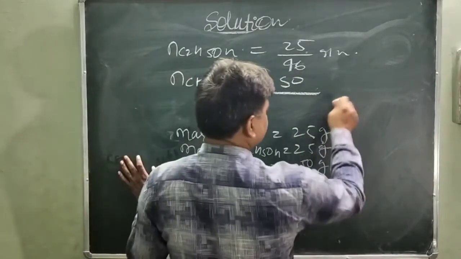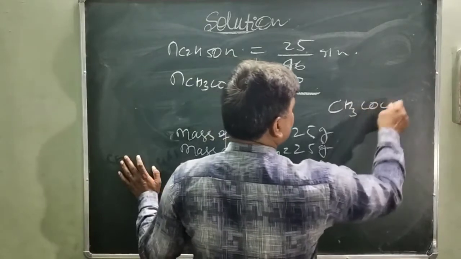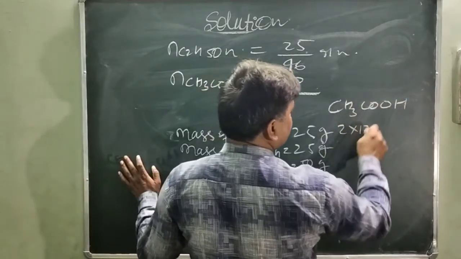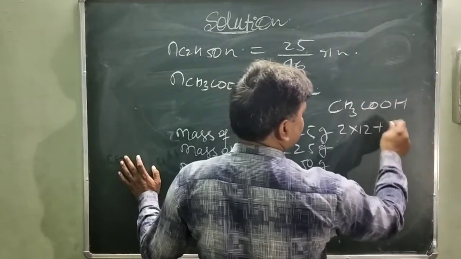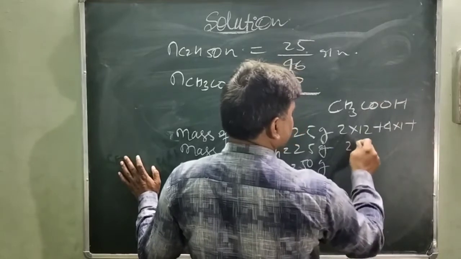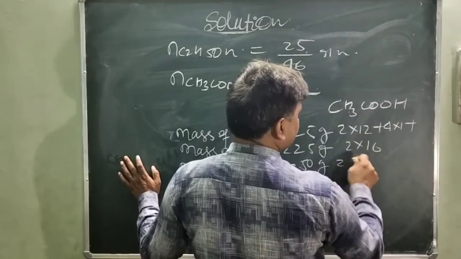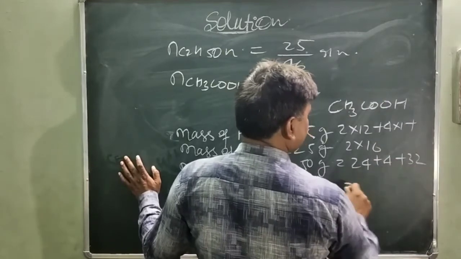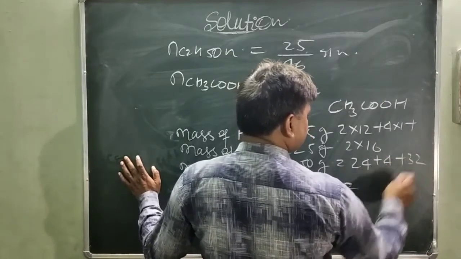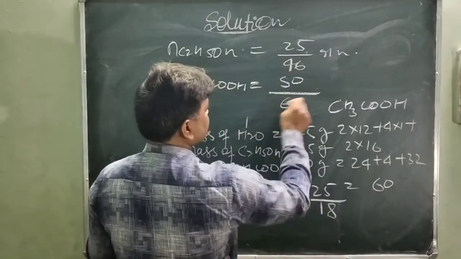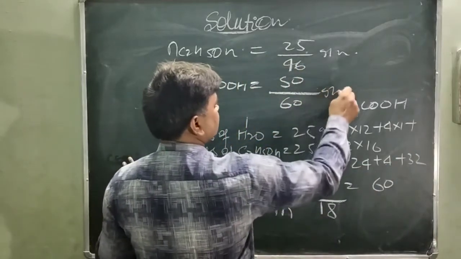The molar mass of CH3COOH is carbon 2 into 12 plus hydrogen 4 into 1 plus oxygen 2 into 16. So it becomes 24 plus 4 plus 32, which is 60 gram per mole.